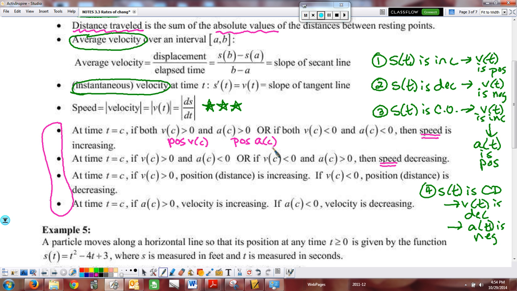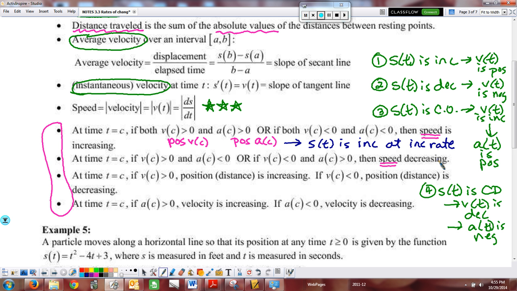Let's think about S of t, your position function. Actually, I should do increasing first. Your position function is increasing because of the positive velocity, at an increasing rate. So my position is changing. It is increasing. I am moving in the positive direction at an increasing rate.